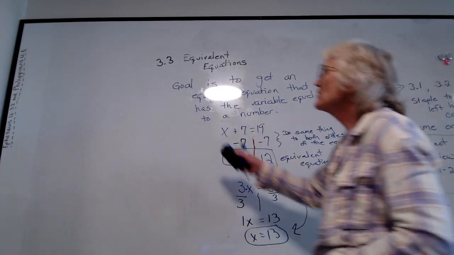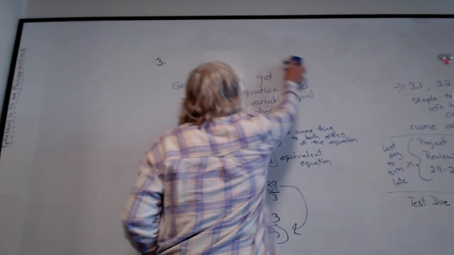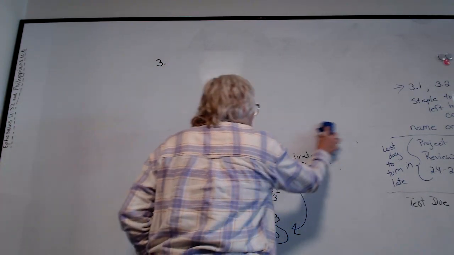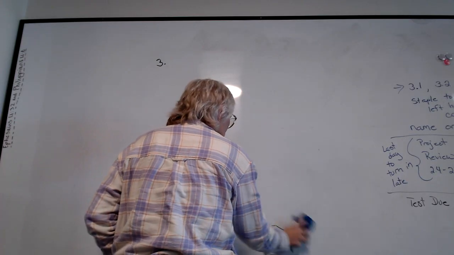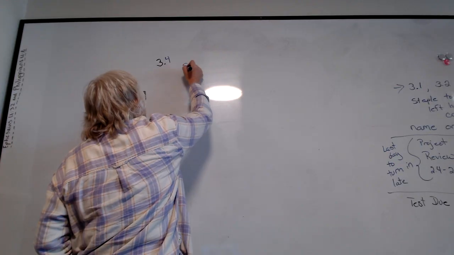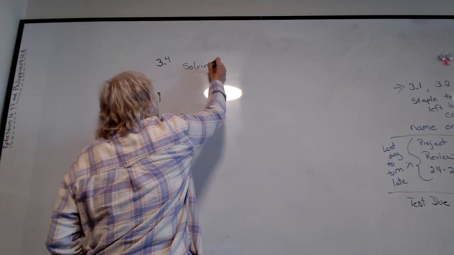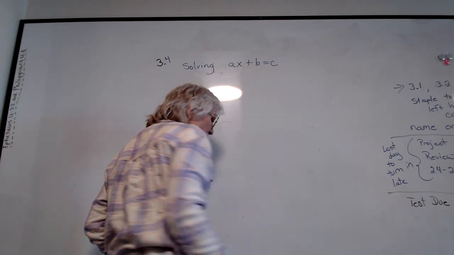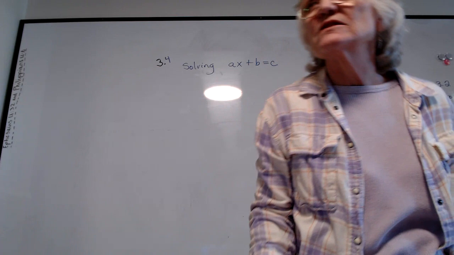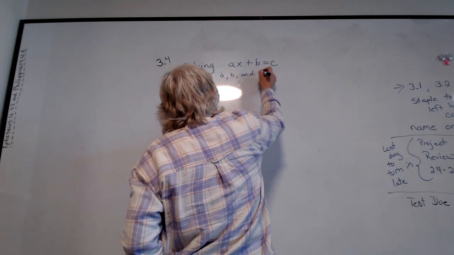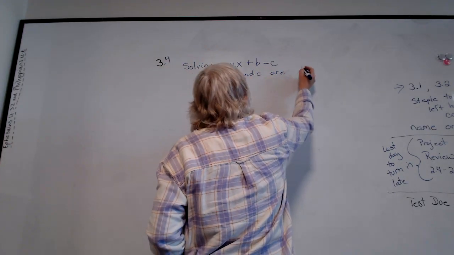Okay, so let's go to 3.4. So 3.4 is about solving ax plus b equals c. Here, a, b, and c are numbers.